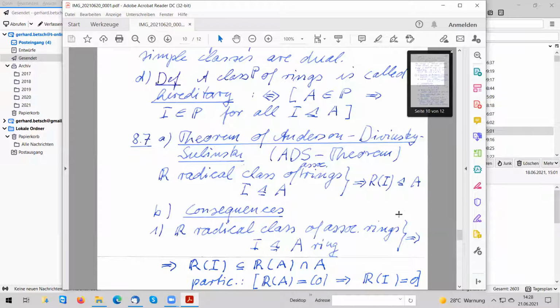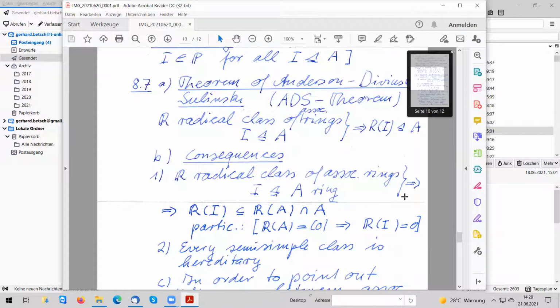If we have a ring R, then the radical of A is an ideal in R. Here we have that the radical of an ideal of R is an ideal in R, not only in I. In I, this is given by the definition of the radical class. We have here that it is an ideal in A. And this has important consequences.